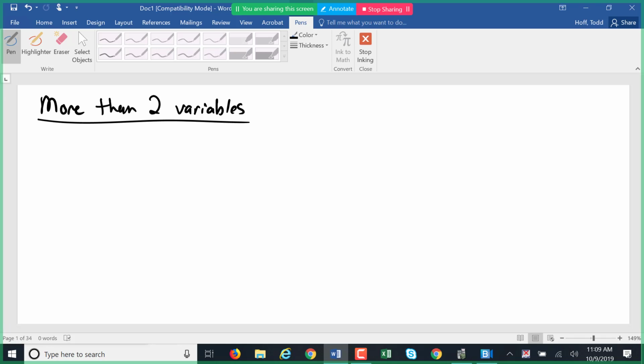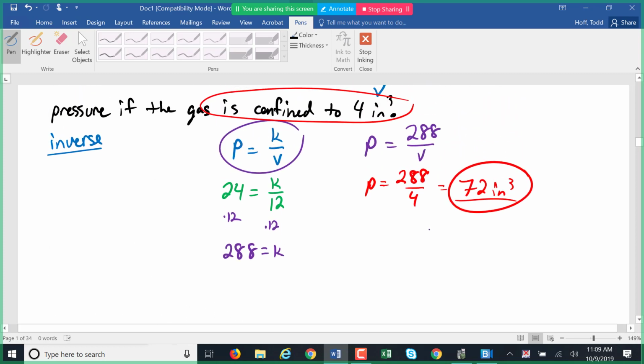In science, we do this all the time. We like to get all of our experiments down to just 1 or 2 variables that we're comparing to each other, which forces us to have very strict controls on everything else to keep them constant. Just like up above with this pressure and volume one, you'd have to make sure the temperature stayed the same. If that temperature didn't change, then this relationship doesn't hold.